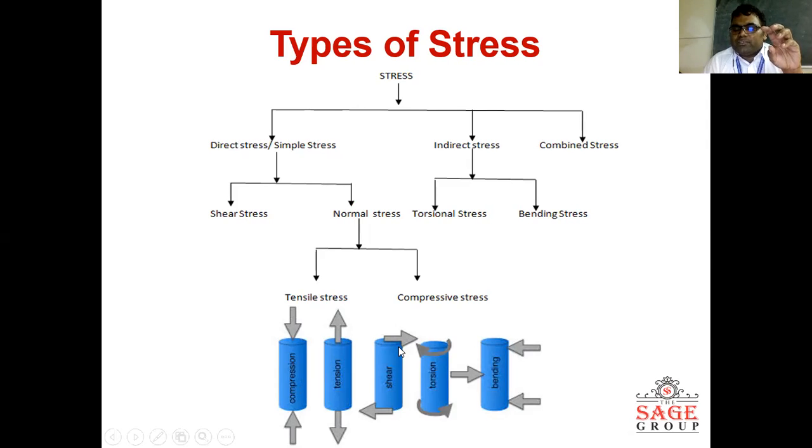Shear stress, you can see, is produced when I apply the load tangential to the resisting area, like this. Torsional stress develops when a torque is applied, like this, and bending stress develops when I apply the load like this. So these are the simple different types of stresses, and they can be differentiated depending on the loading condition.